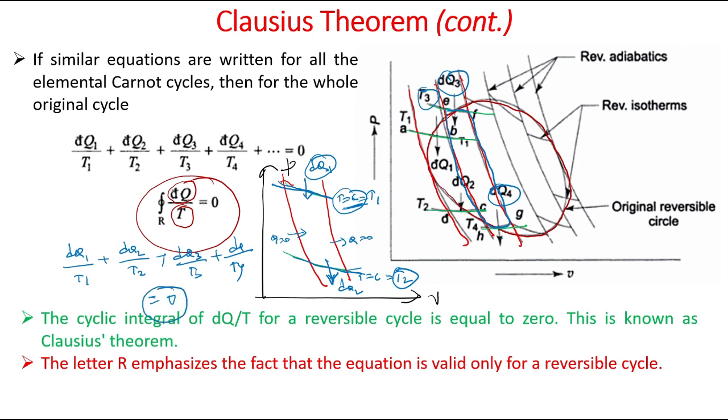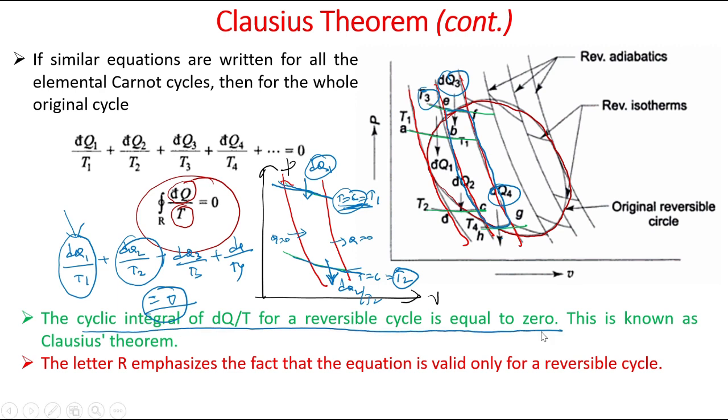Why? Because it is a reversible process. The heat added as dQ1 at temperature T1 is the same amount rejected at temperature T2. So for a reversible cycle, the cyclic integral of dQ by T is equal to 0. This is the Clausius theorem.